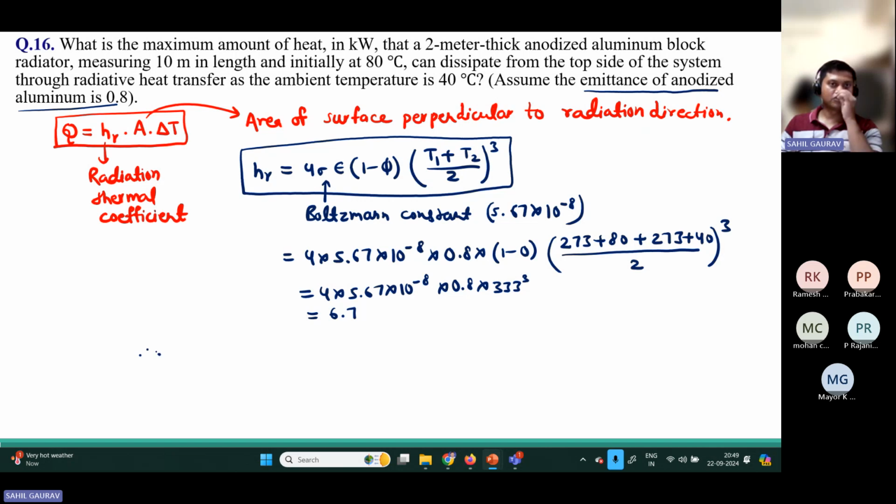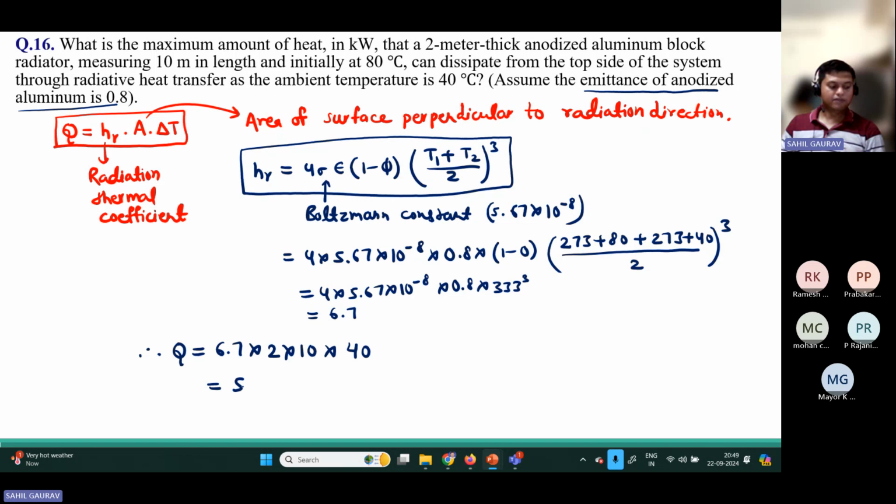Therefore, the maximum amount of heat that will transfer through radiation will be 6.7 into area. The area is 2 meter thick and 10 meter length, so 2 into 10, and delta T will be 40.